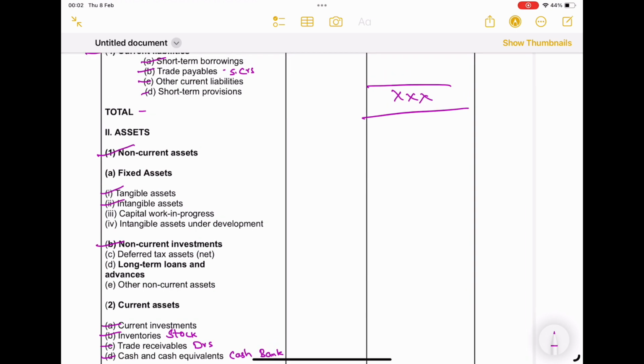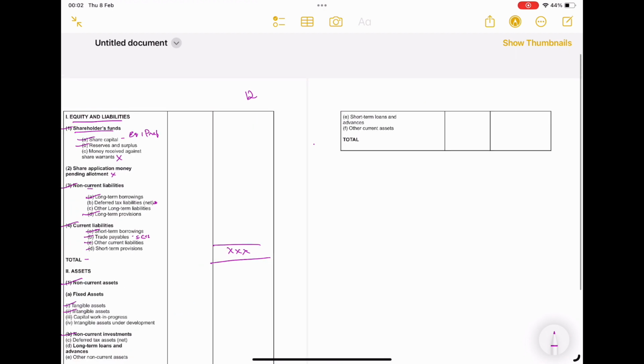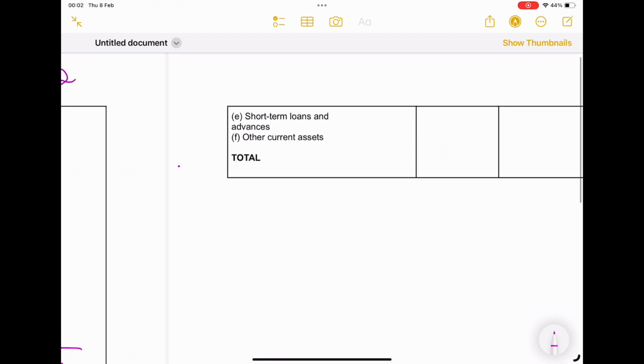Next, short-term loans and advances and other. So this is the total B. Finally our total A and total B should match. If it is matched, your problem is correct. If it is not matched, somewhere in some adjustment or in note numbers, you have made a mistake.